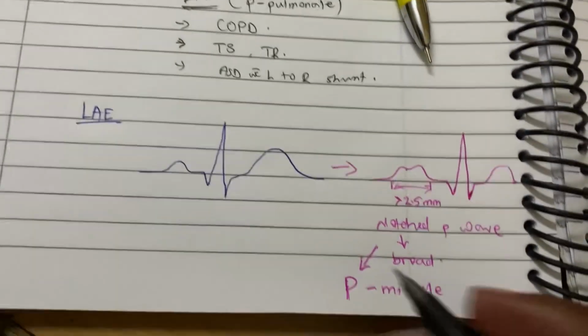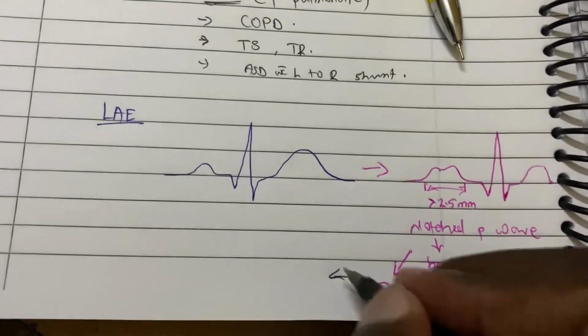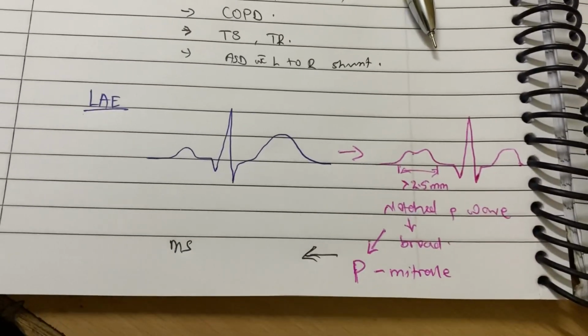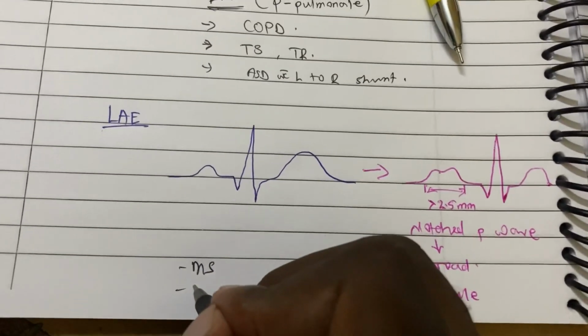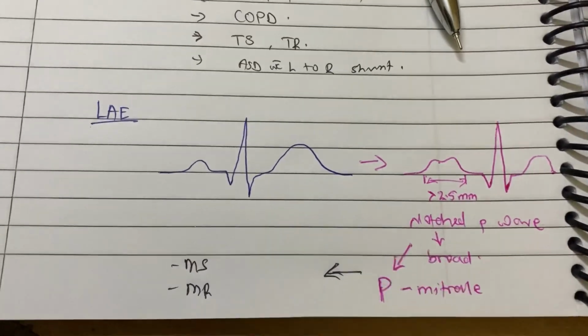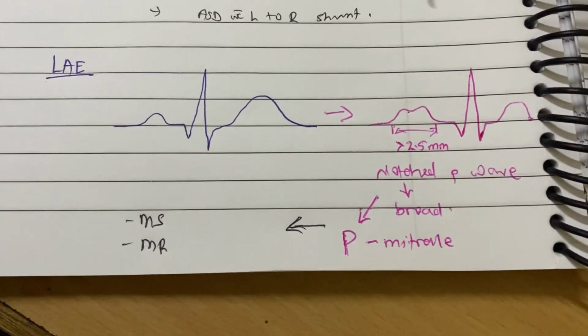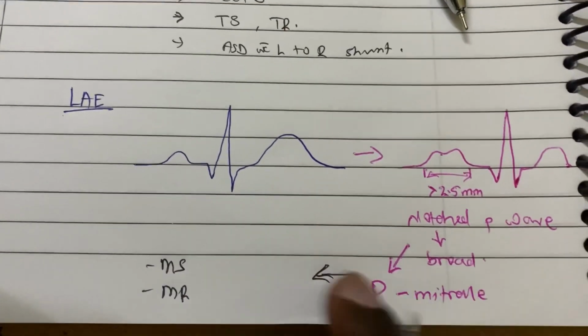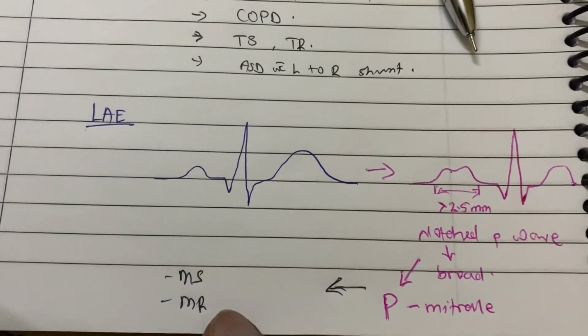So what are the causes here for P mitral? It's going to be mitral stenosis, severe mitral regurgitation. Mitral stenosis and severe mitral regurgitation are going to cause this left atrial enlargement.